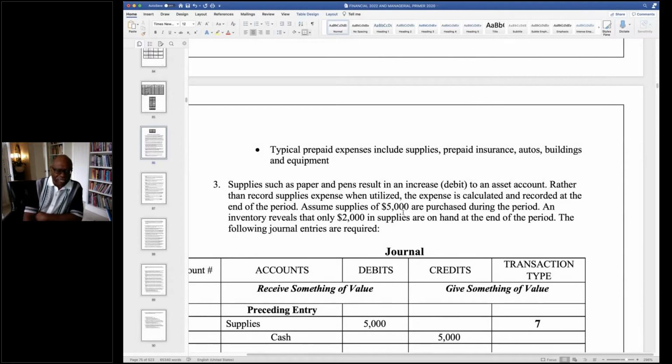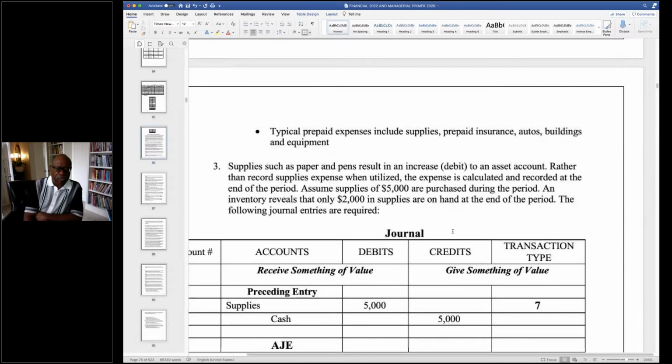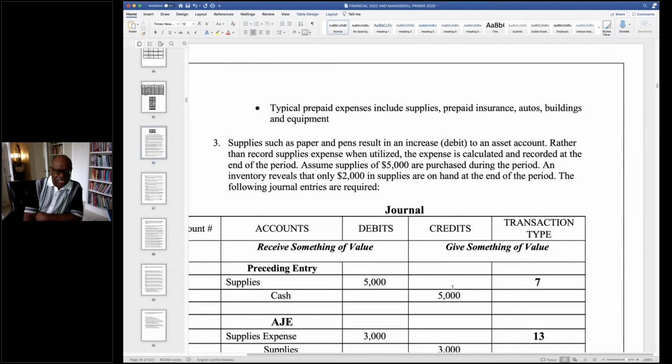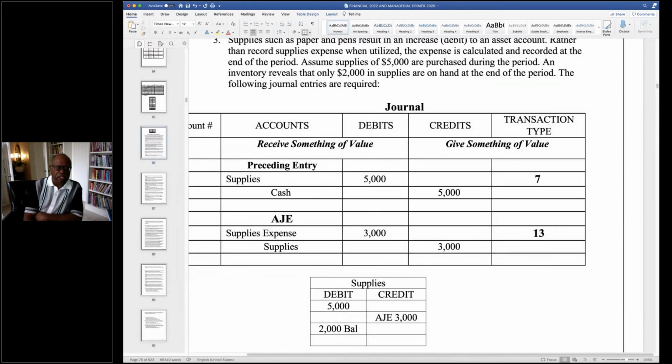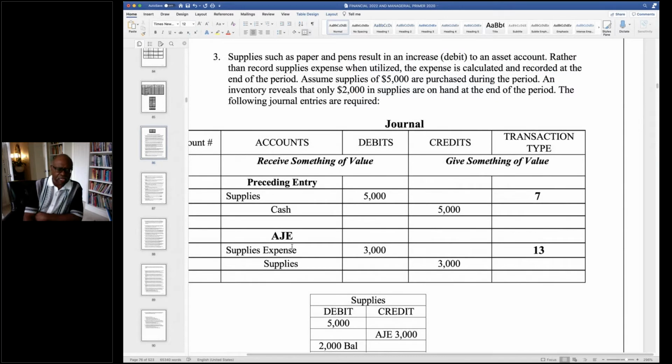So the adjusting entry is the difference, is what you spent. So what is supposed to happen today is that the preceding entry is made. We debit supplies and we credit cash. And then we make the adjusting entry, that difference, debiting supplies expense and crediting supplies.